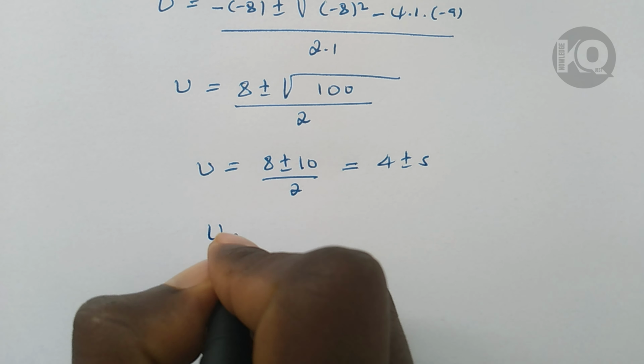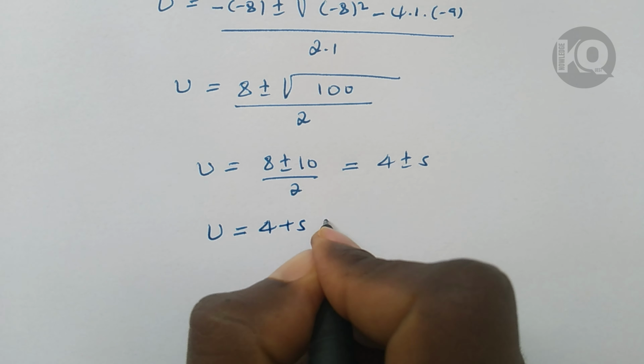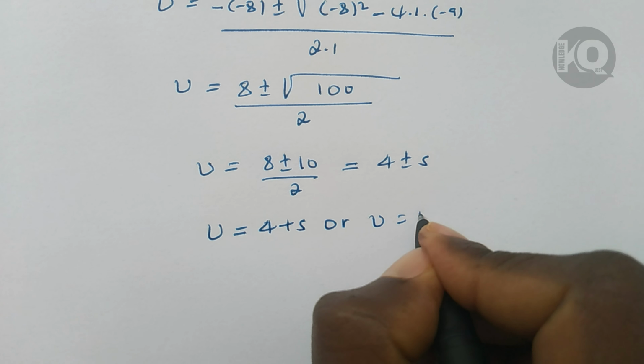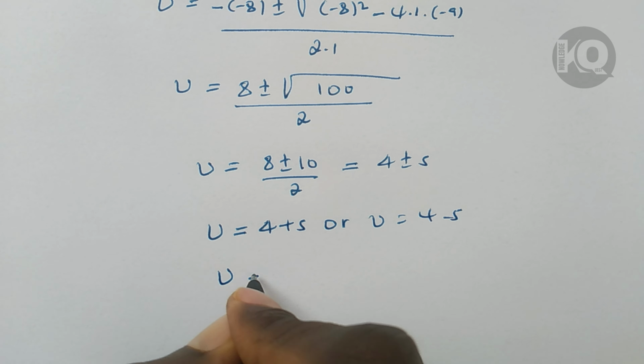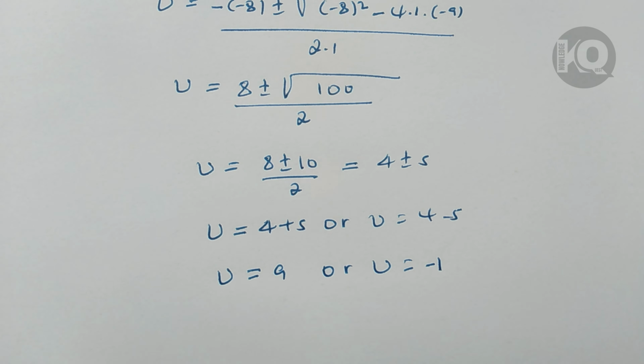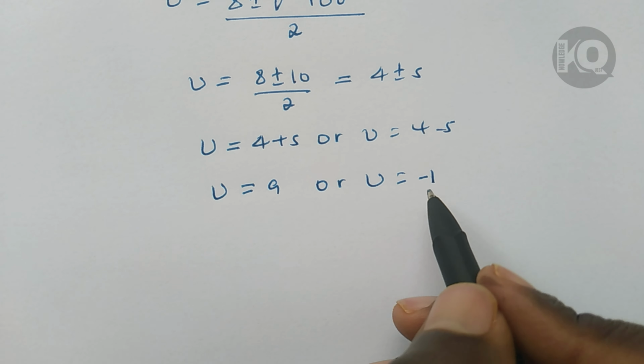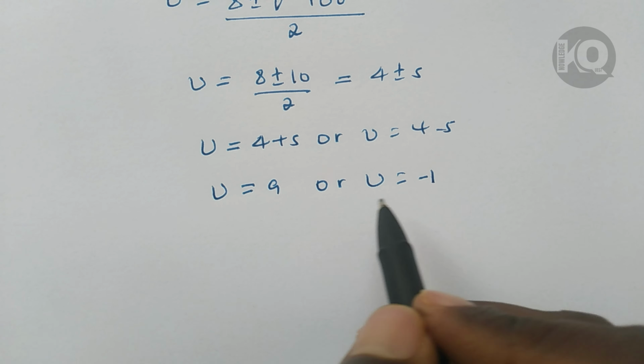So our two numbers are u is equal to 4 plus 5 or u is equal to 4 minus 5. So u is equal to 9 or u is equal to minus 1. So the two numbers whose product is minus 9 and whose sum is minus 8 are 9 and minus 1.